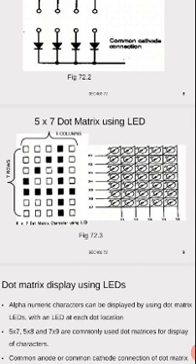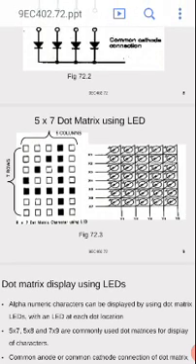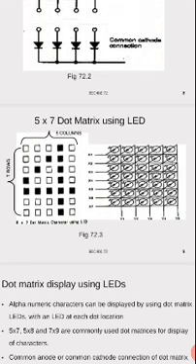Five into 7, 5 into 8 and 7 into 9 are commonly used dot matrices for display of characters.